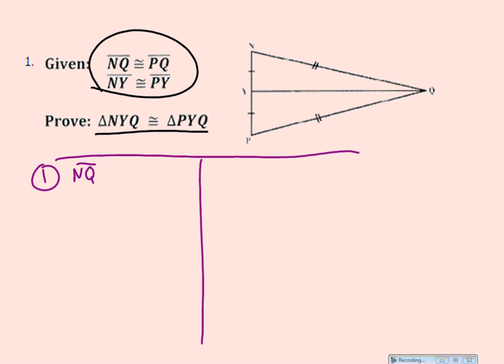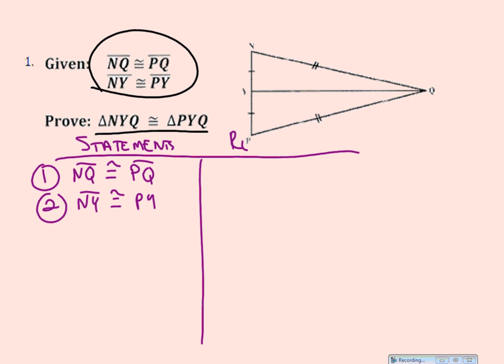So, NQ congruent to PQ. Statement 2, NY is congruent to PY. All right, these are your statements. And these are your reasons. All right, so how do I know what I know?